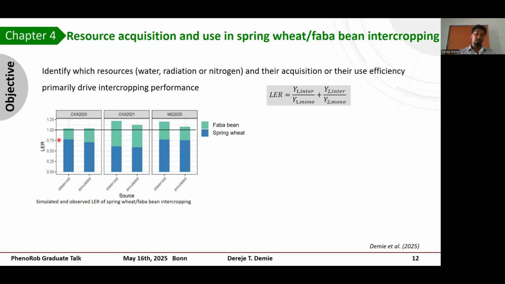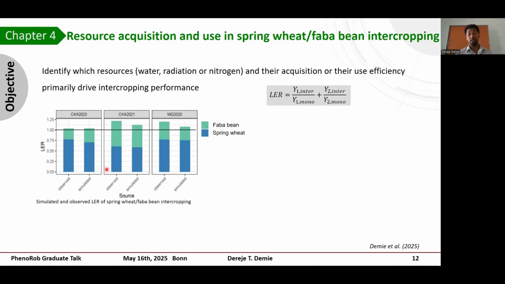We see that even though the degree is different, the land equivalent ratio is greater than 1 in all environments for both simulated and observed. What is the mechanism behind that? Why do intercrops produce more yield compared to monocultures? What are the factors?